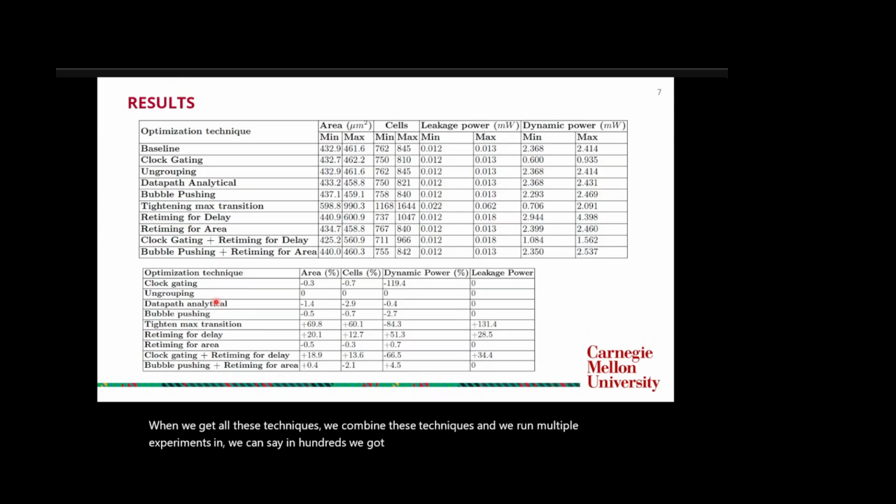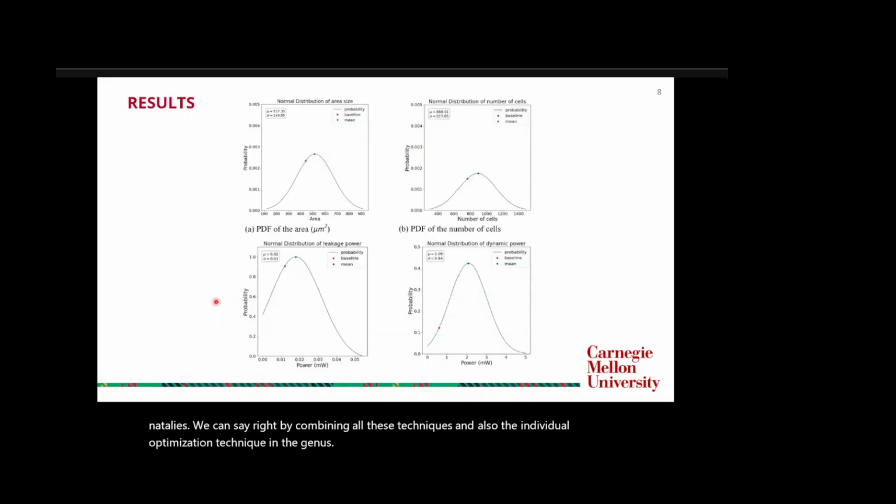We got hundreds of structural netlists, right, by combining all these techniques and also the individual optimization techniques in Genus. And if we map them onto the probability distribution curve, we can see where the baseline is and where the mean value is, right? And we can see the behavior for both area, cells, and we can say the leakage and dynamic power.